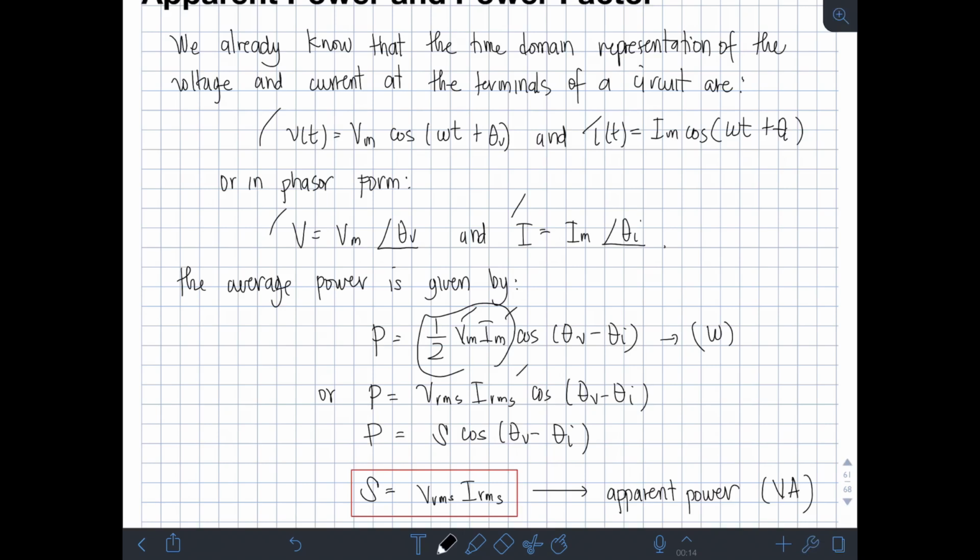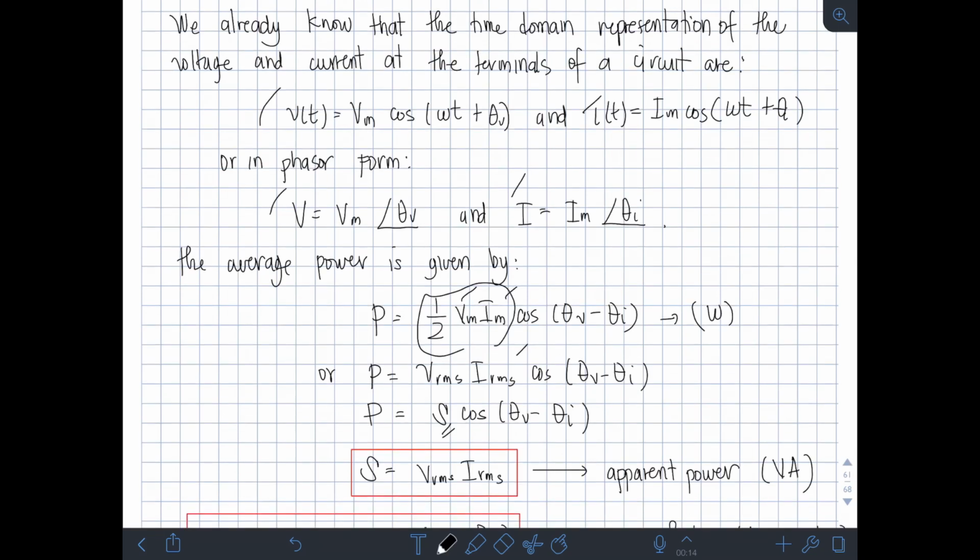Okay? Now, pwede nating i-represent itong product ng VRMS saka IRMS into a variable S, such that yung average power is equal to S times cosine theta v minus theta I. So, itong S na in-equate natin as VRMS times IRMS, ito yung tinatawag natin ngayon na apparent power.